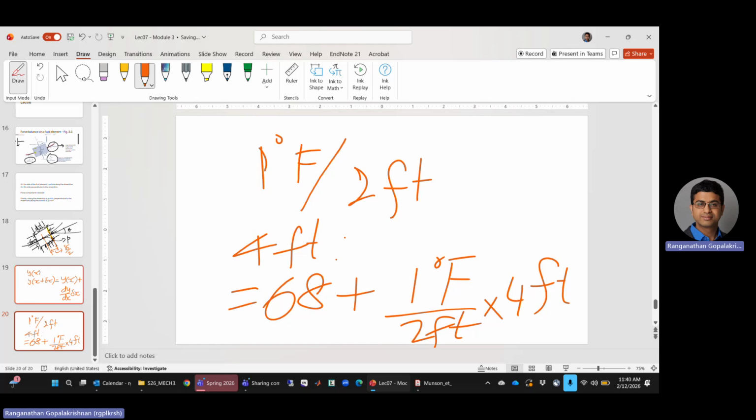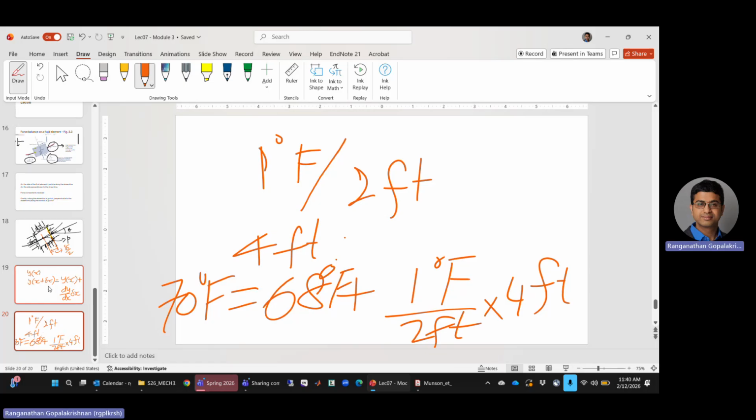This would give me 70 degrees Fahrenheit. Right? Are you able to connect with this very simple thinking? The value at a point plus the slope times the change in x.